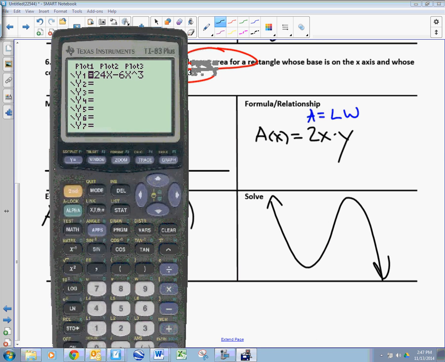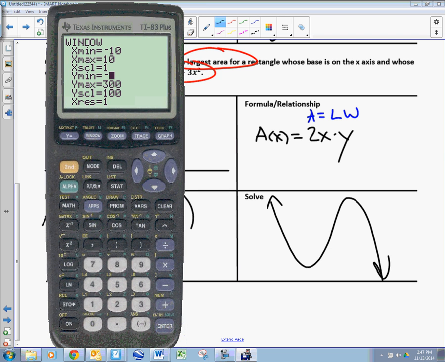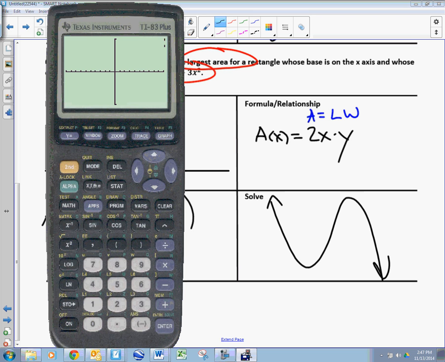And when I graph it in the same window, it looks like my window's a little too big. I'm going to shorten it up a little bit, down to negative 100, positive 100. There, I can see it. I'm looking for the maximum. How do I find it?